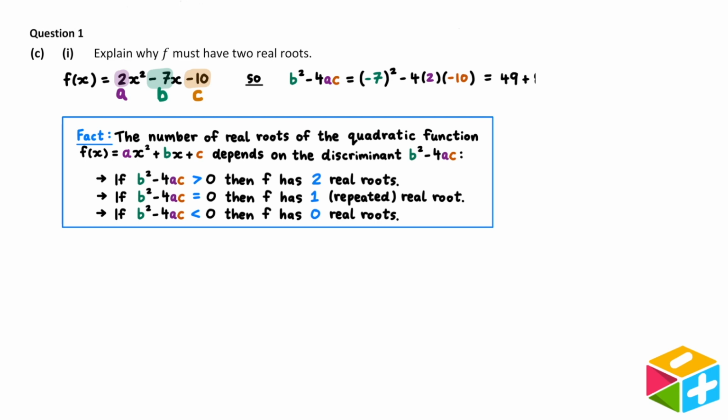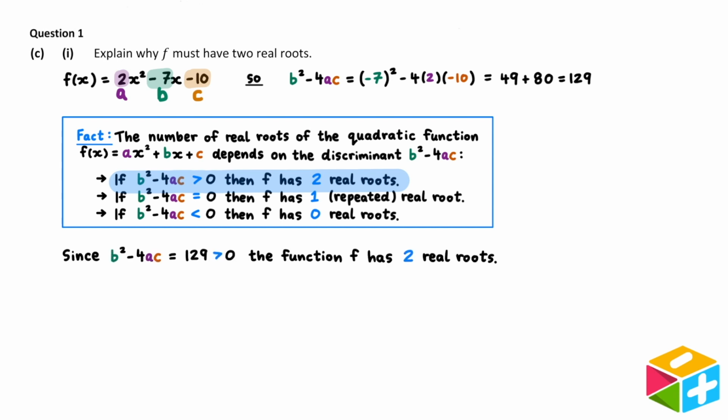This simplifies to 49 plus 80, which comes out as 129. Crucially, this number is greater than 0. Using our fact from earlier, we can conclude that our function has 2 real roots.